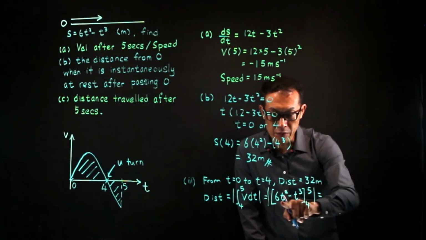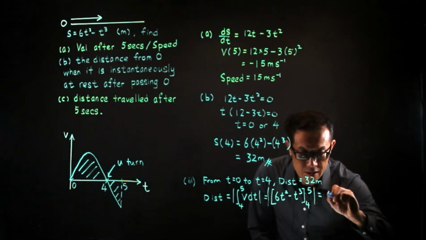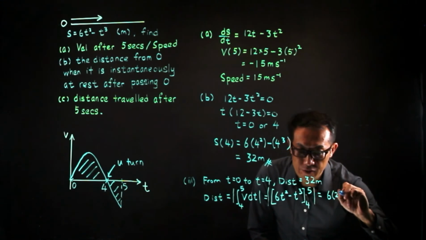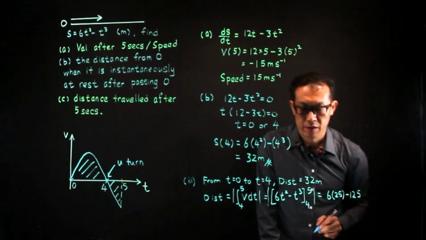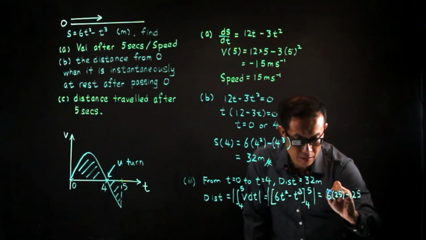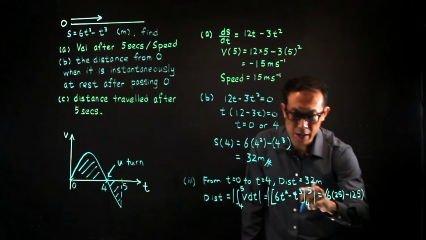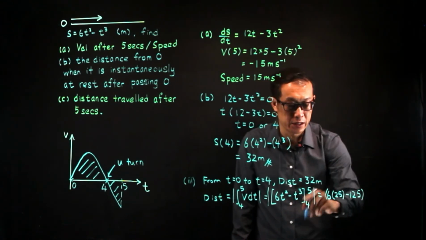So if you substitute this, you get 6 into 25 minus 125. That is when you substitute t equals to 5 into this expression.